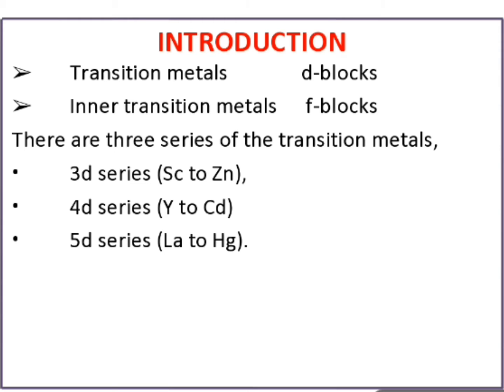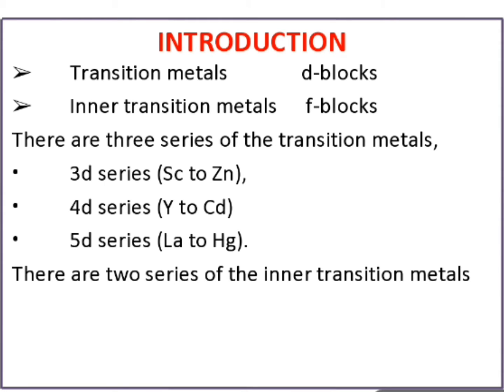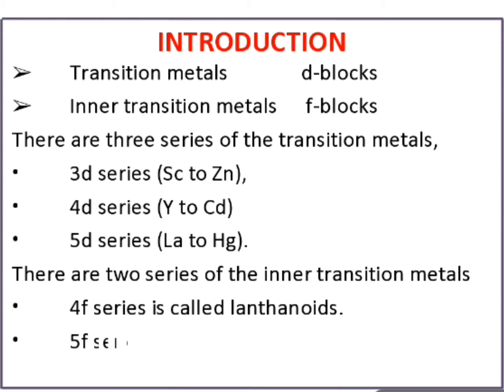So these are the three series of transition metals you can see in the periodic table from group number 3 to group number 10. There are two series of inner transition metals. First, the 4F series, called lanthanoids, and the 5F series, called actinoids.